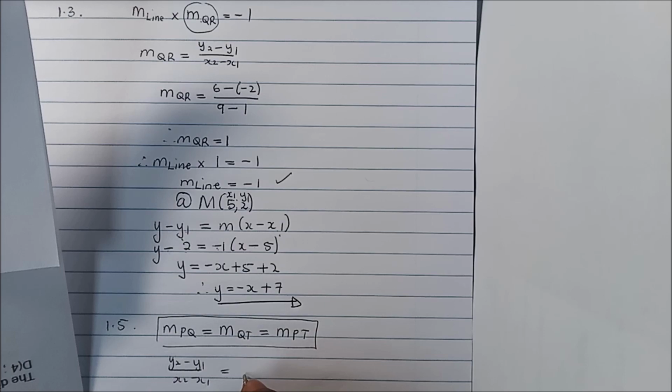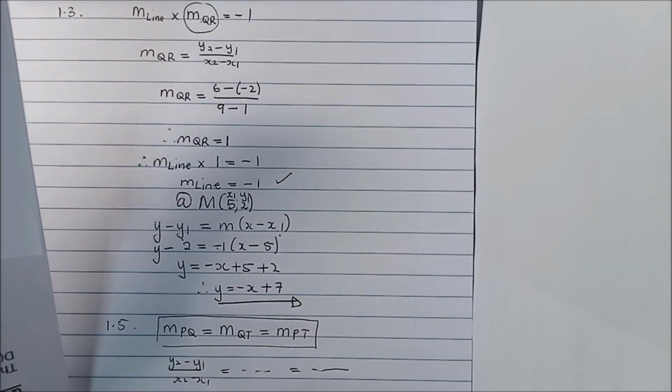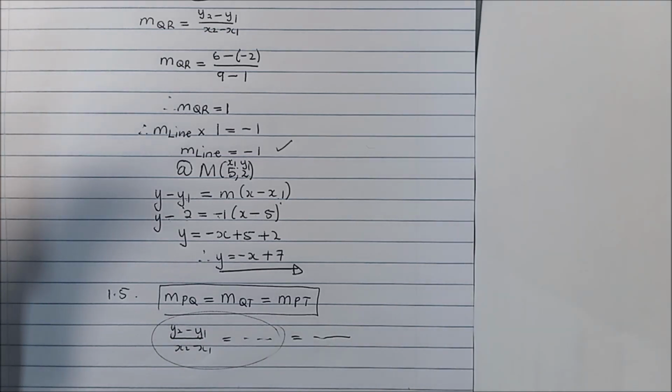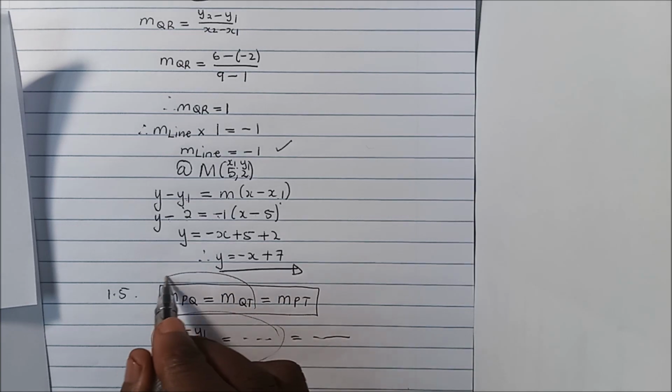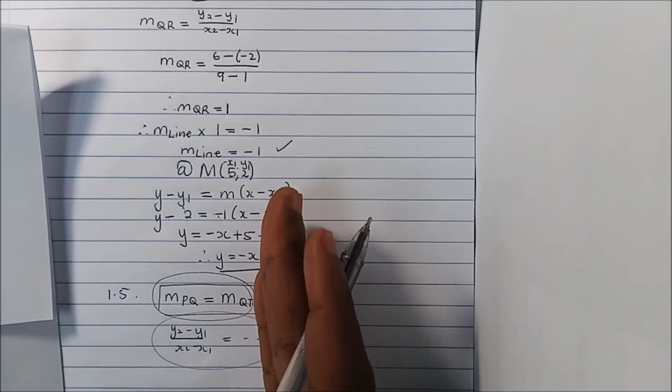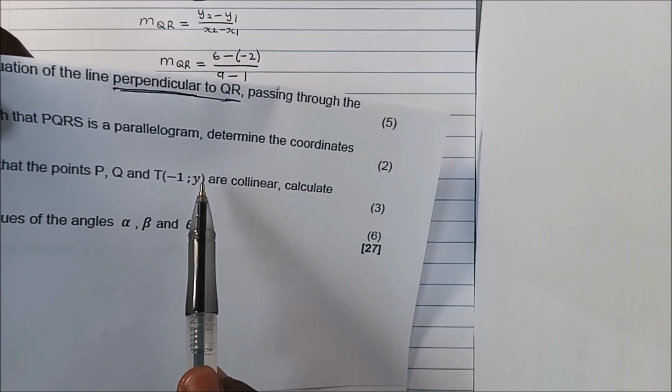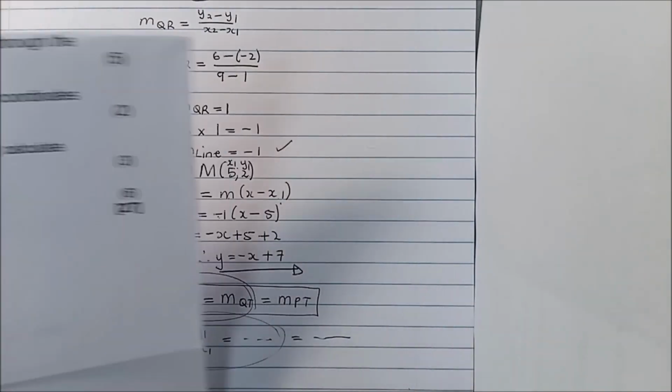Find the gradient of each. And then in the end, you will take two of them. And make sure that when you take two, let's say you pick QT and PQ, you must make sure that the only unknown is y, so you can be able to solve it.